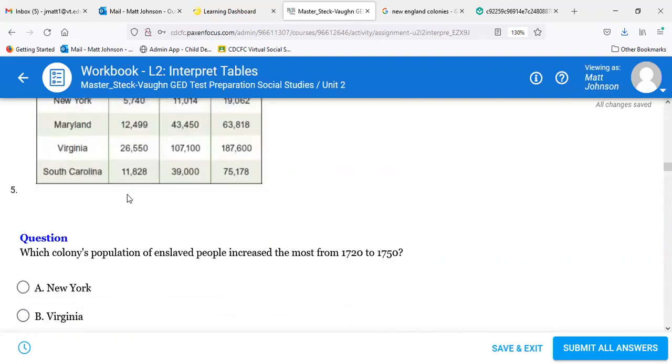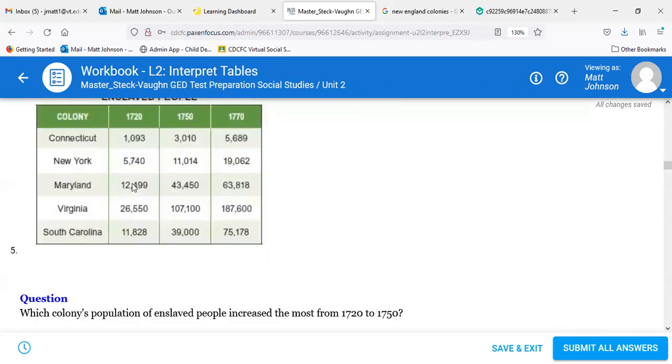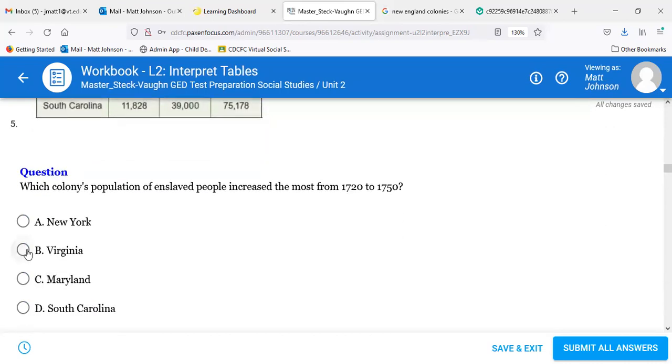Same table, which colony's population of enslaved people increased the most from 1720 to 1750? Was that A, New York, B, Virginia, C, Maryland, or D, South Carolina? B. Hey, as in ball. Virginia. Right, B, as in boy, Virginia.